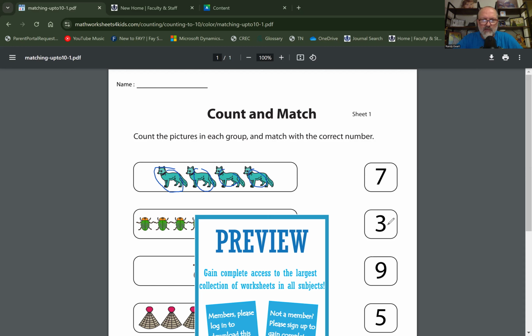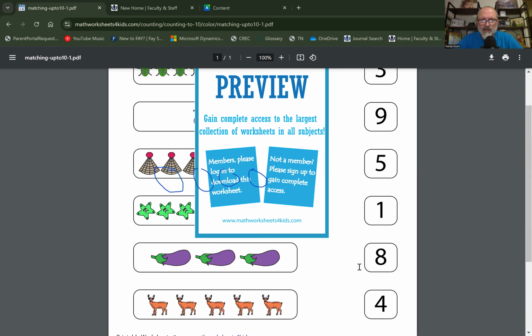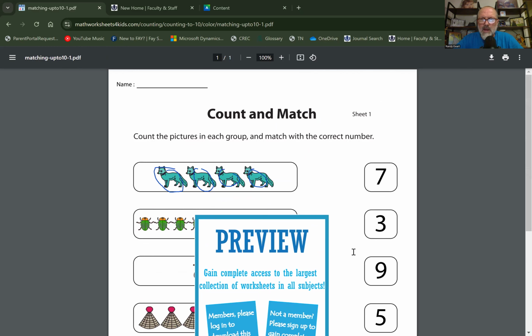And then they have to understand the cardinality, that this would be 4. And then they would find 4 on here. And that would be cardinality, where the number 4 matches the number in the picture. And so the number showing, the number representing how many of the objects, that's your cardinality.